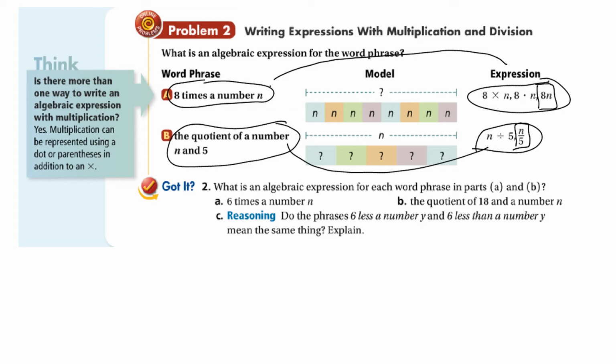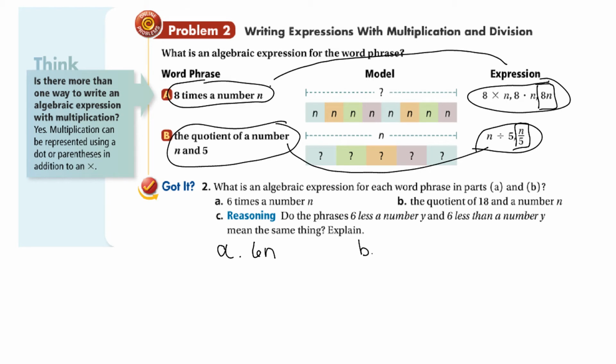Now I would like for you to look at your got it. 6 times the number n would be 6n.